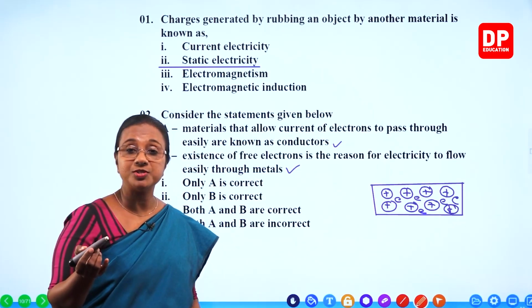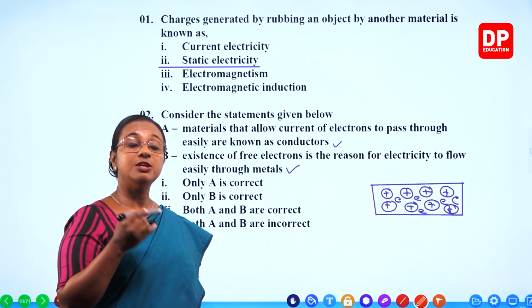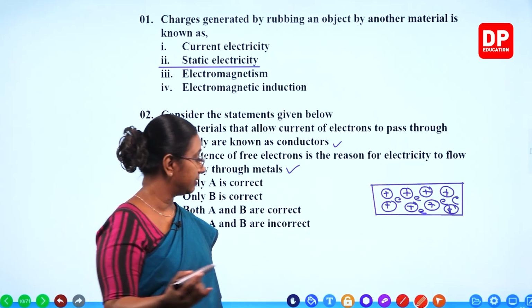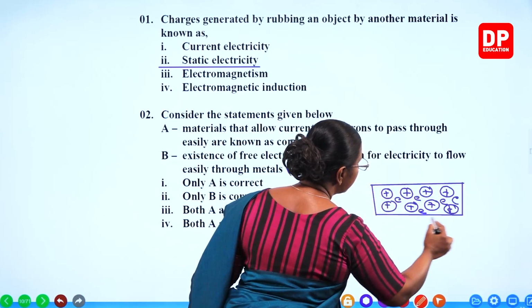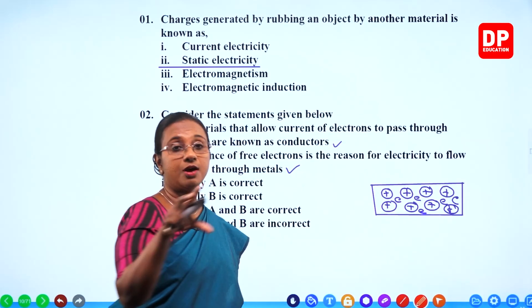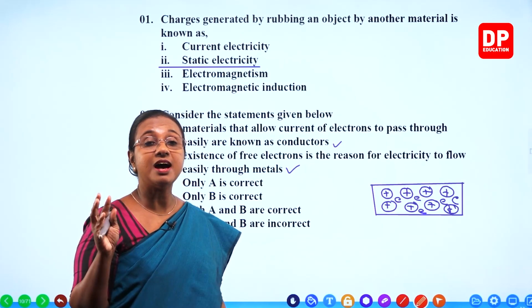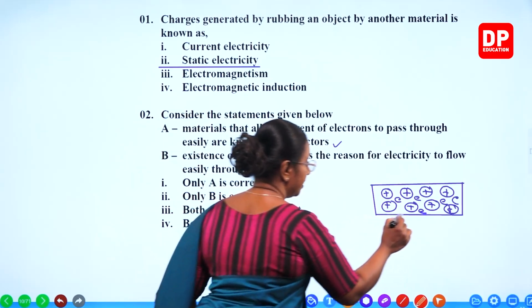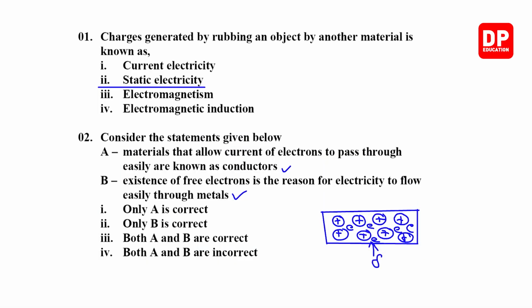Why do they become positively charged? Because they tend to lose one or more electrons. And the electrons form a common cloud. And these electrons are free electrons. In a metal, there are free electrons.